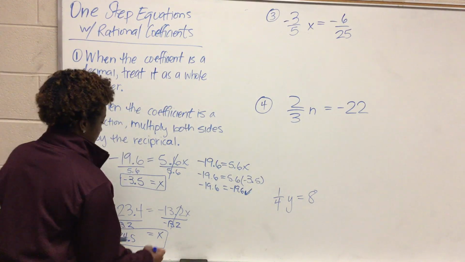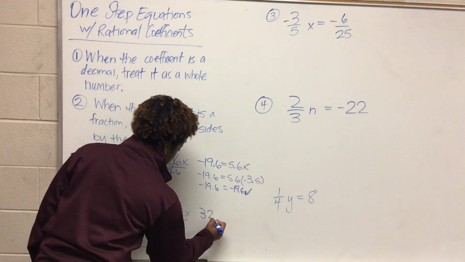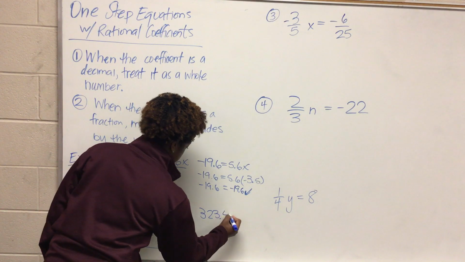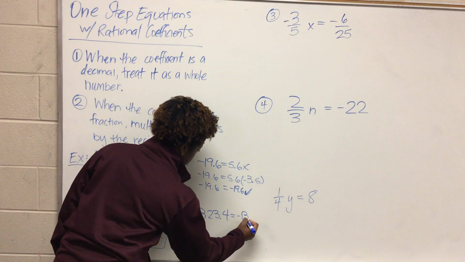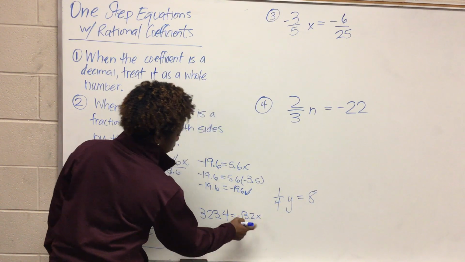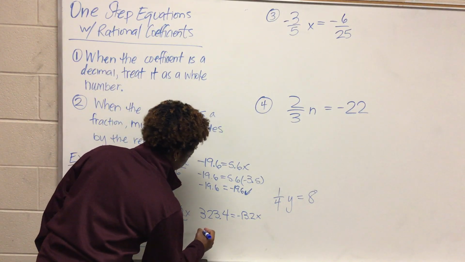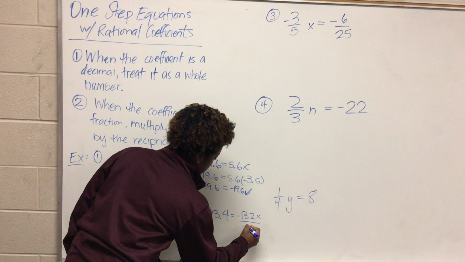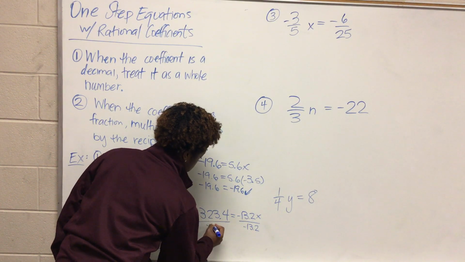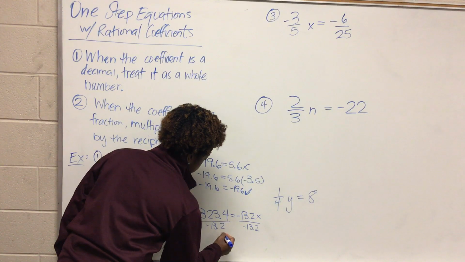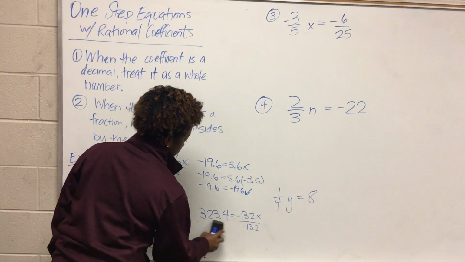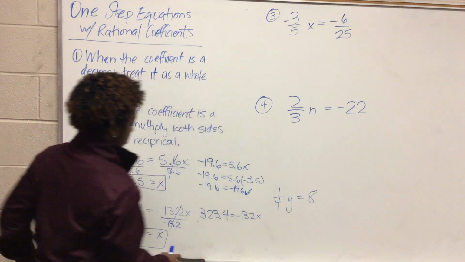If I wanted to check it, I'm going to rewrite the first line as it is. I'm looking for this part. Divide both sides by negative 13.2. I'm sorry, I'm treating it as this equation.